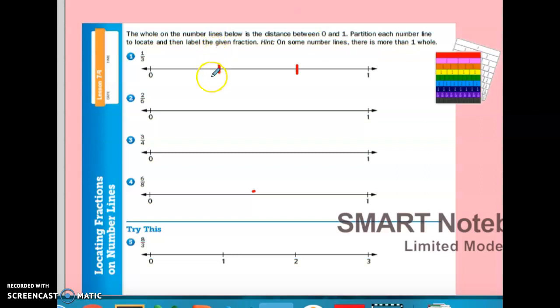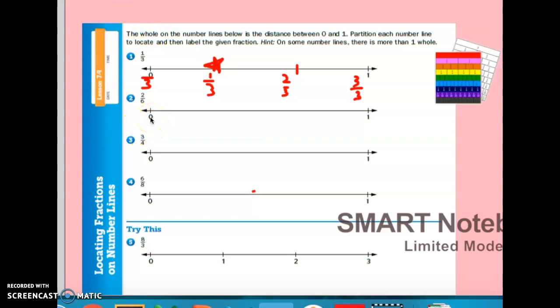If you'd like, you can either label the fraction all by itself, or you can label all of the fractions and star where 1/3 is. It's your choice.